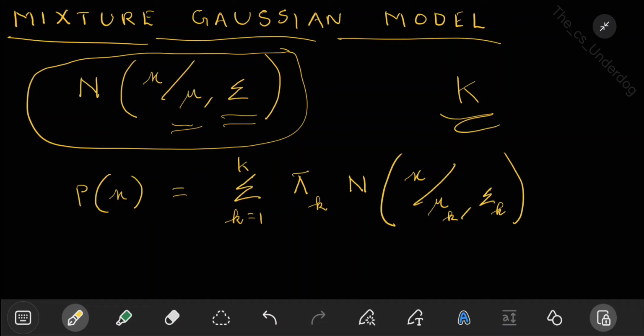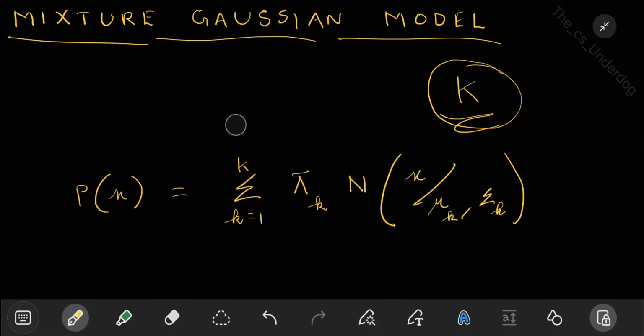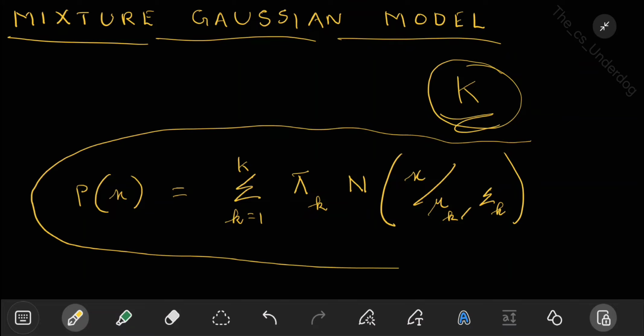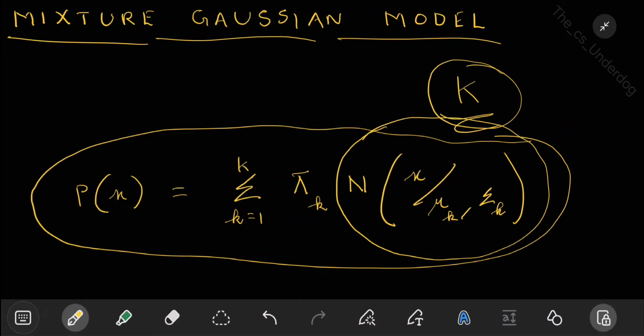This sigma is the covariance matrix, and the first sigma that I wrote is for summation. These are two totally different sigmas, not related at all. So you have K different Gaussian distributions which you are using to approximate some real world distribution. My probability density function is a summation of various Gaussian distributions, which are taken in proportion of pi.